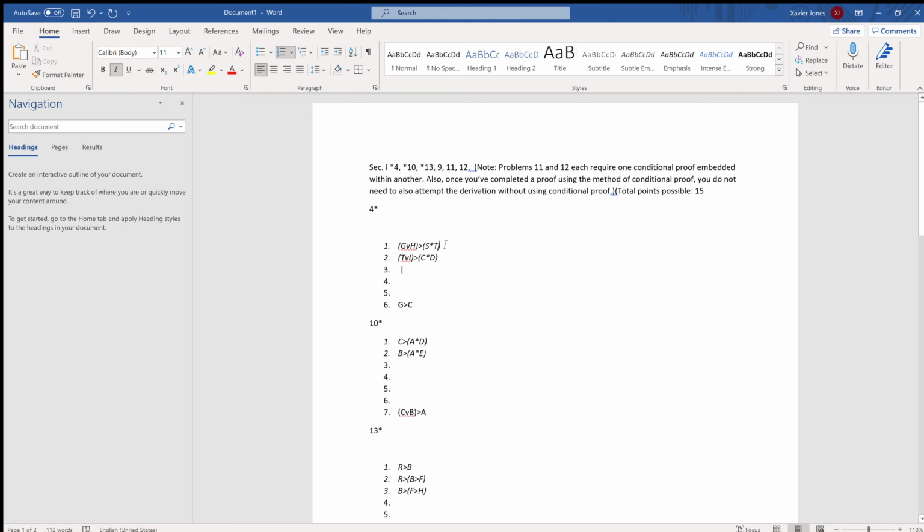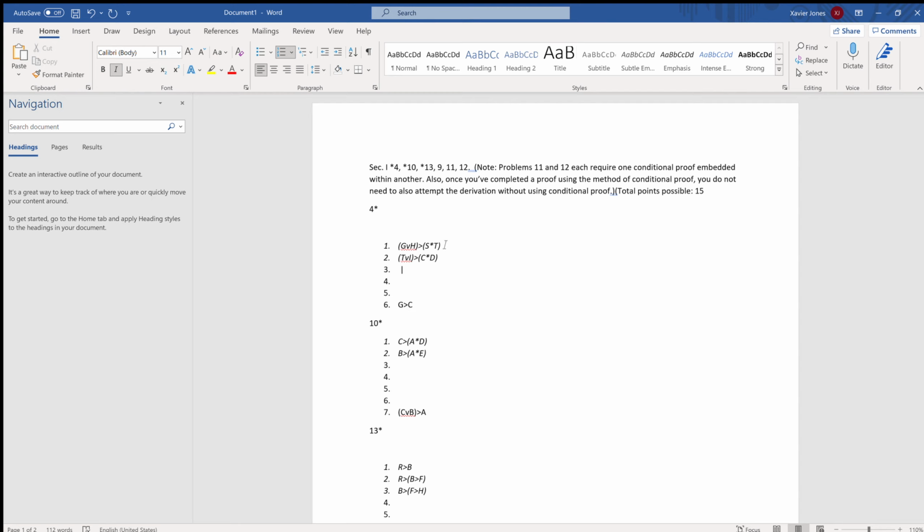I don't know how conditional proofs would help right here. It probably will, but I don't know how. G or H, if G or H, then S and T. If we did G, that wouldn't really do us too much.